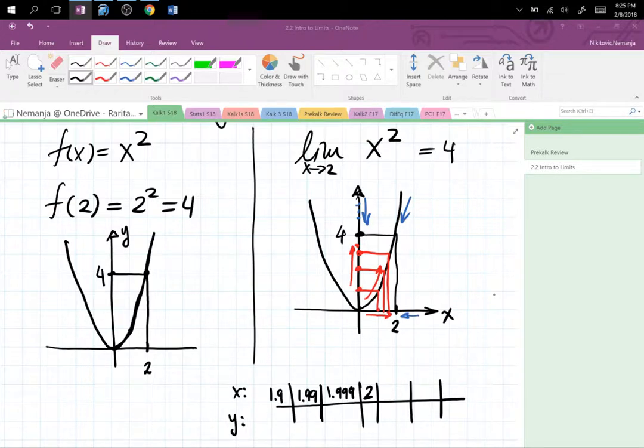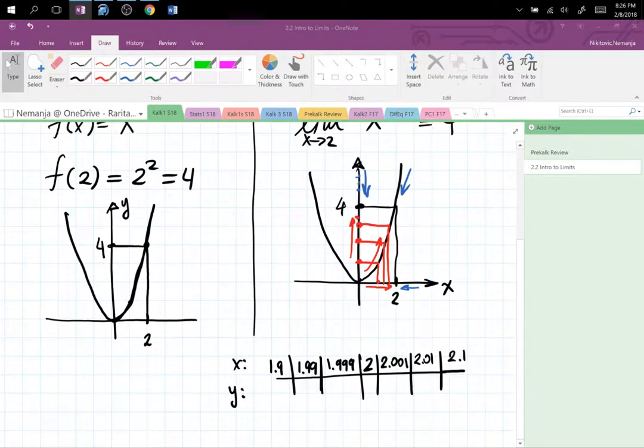And then we have the 2.1, that's $2.10, $2.01, and $2.001. All right, time to get the abacus, do some calculations.